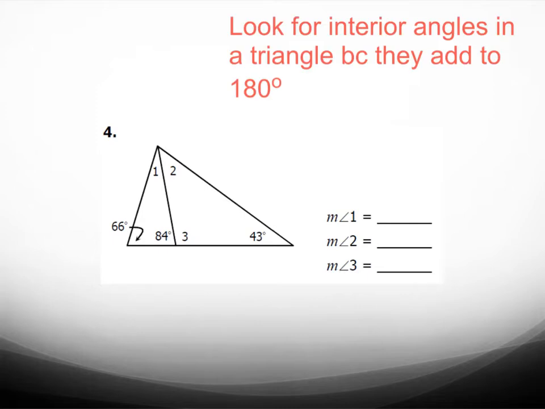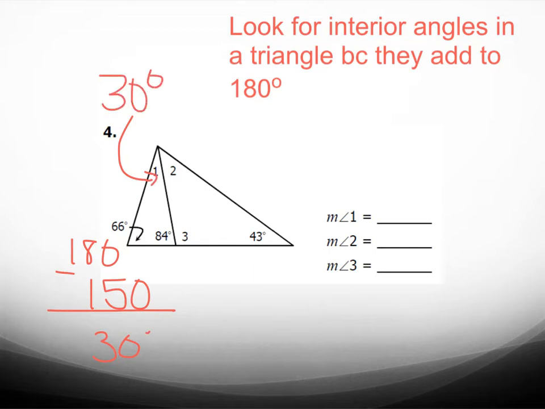So, again, we want to look for interior angles in a triangle because they add up to 180. 66 and 84 will add up to 150. What I want to do now is take 180 and subtract 150, and I get 30 degrees. So angle 1 in here is 30 degrees.